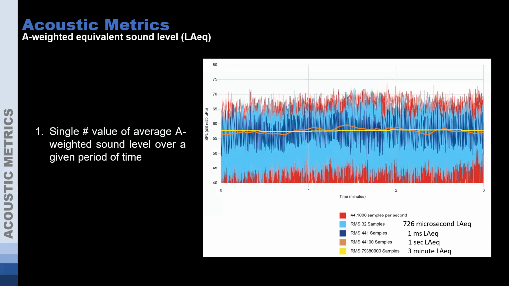But again, this is an average, and just like we talked about with the LDNs averaging over a day, an LAEQ has an impact based on how long you average that time value over. So you lose information the more and more you average. Maybe you have a noise ordinance that says you can't exceed 60 dBA, but you go out and you measure for 3 minutes and your LAEQ says you've got a 57, so you're sitting there thinking, great, I meet.